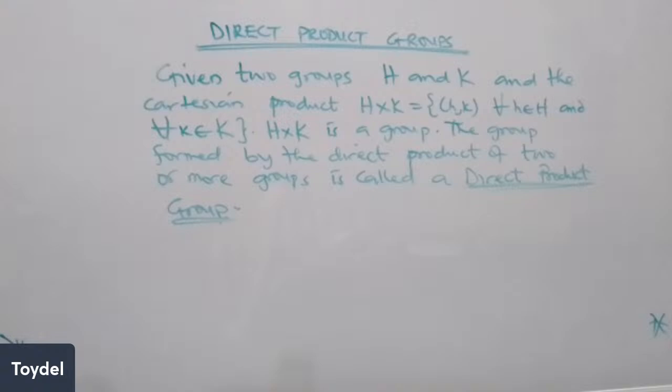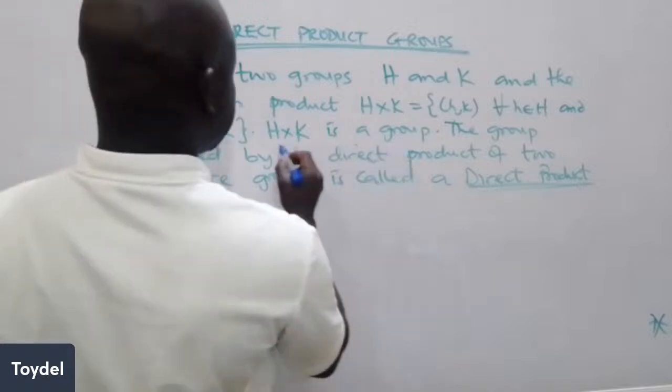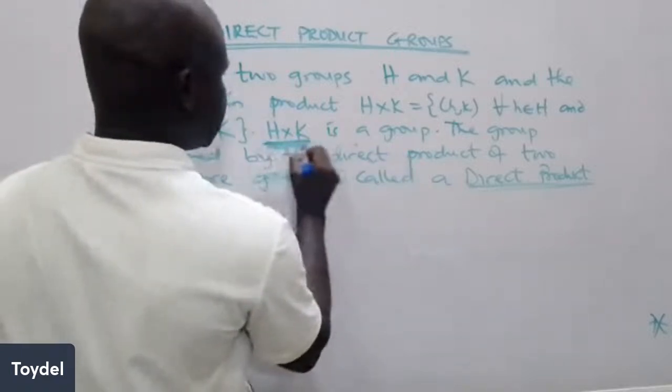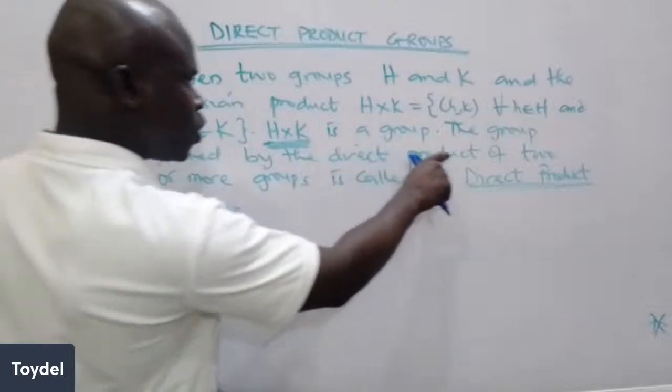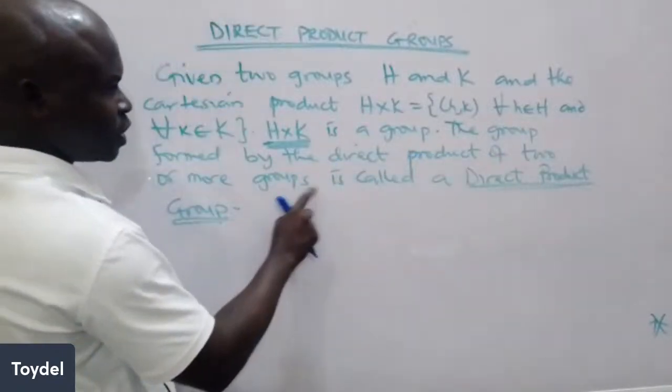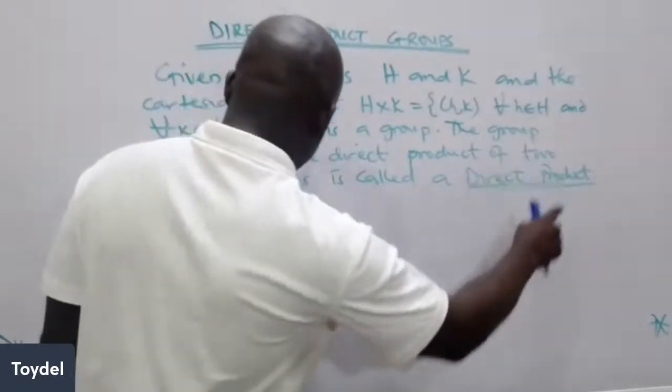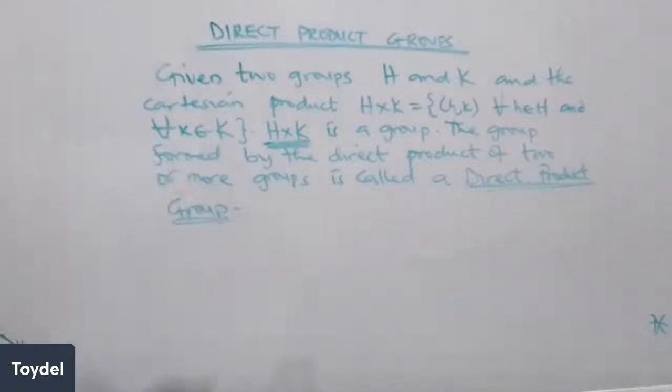So H cross K is a group. That is, this is a direct product group. Then the group formed by the direct product of two or more groups is called a direct product group. So H cross K is a direct product group.